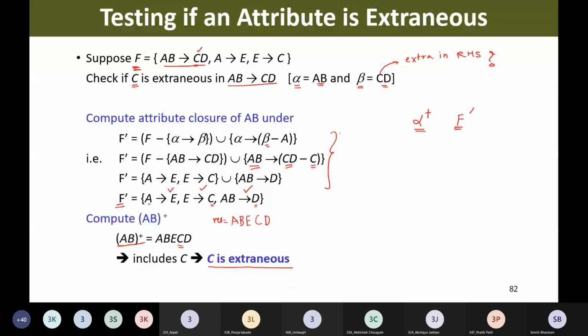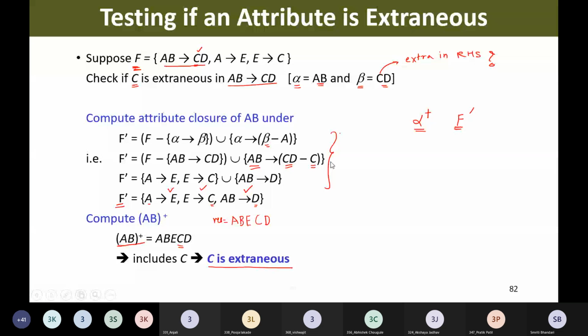We are not knowing which attribute is extra, so we need to test for each and every attribute. If my functional dependency has more than one attribute either in LHS or RHS, I need to test every attribute to see whether it is extra.